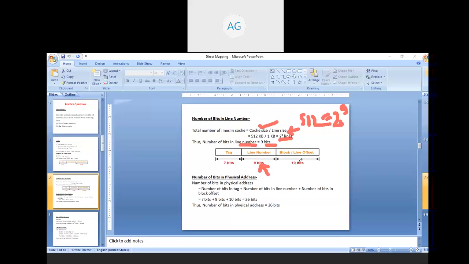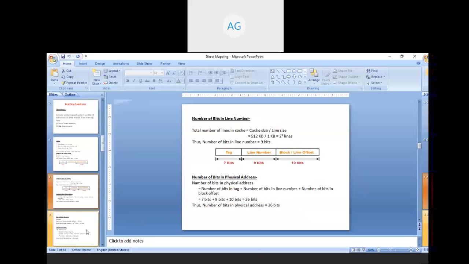So for all 3 parts, tag, line number and block offset, we have found 7 bits, 9 bits and 10 bits. The number of bits in the physical address is given by the number of bits in the tag plus the number of bits in the line number plus the number of bits in the block offset, which is 7 bits plus 9 bits plus 10 bits, equivalent to 26 bits. So the number of bits in the physical address is 26 bits. Now we need to find the size of the main memory.